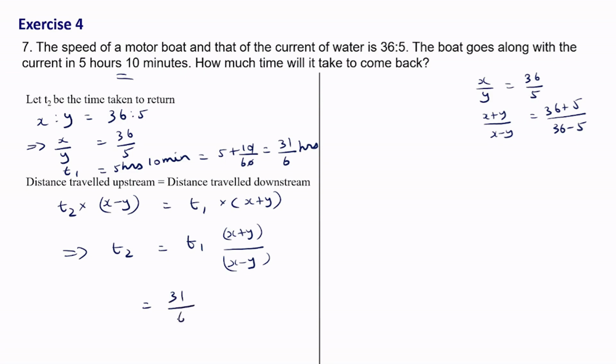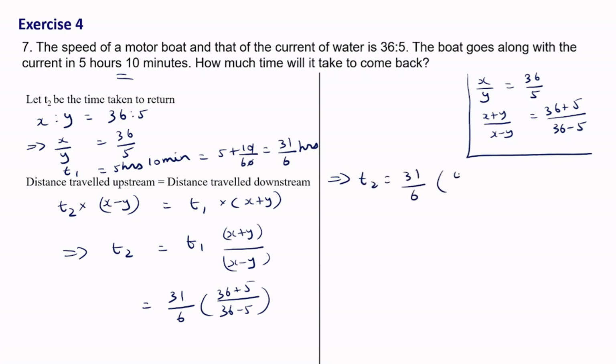So this is 31 by 6 into 36 plus 5 upon 36 minus 5. This implies T2 is equal to 31 upon 6 into 41 by 31. So these two will go. So T2 is 41 by 6 hours.